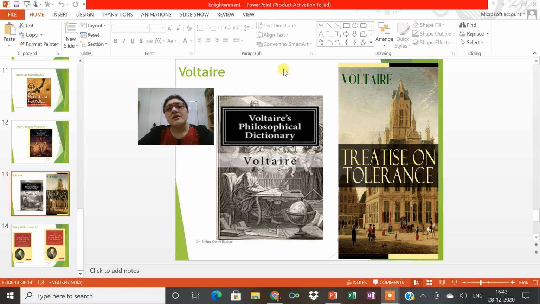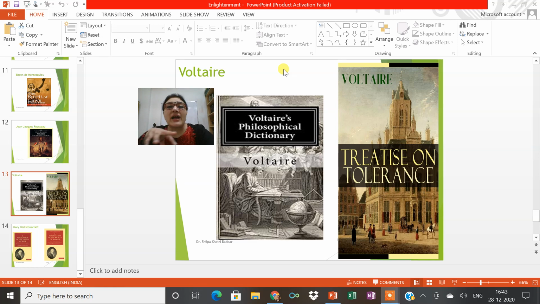He extensively and intensively campaigned to eradicate the pre-existing priestly and aristocratic monarchical authority which was there in the Dark Ages. He was very much in support of a constitutional monarchy, which he felt would protect people's rights. So he said we need to replace this priestly and aristocratic monarchical authority with a constitutional monarchy.